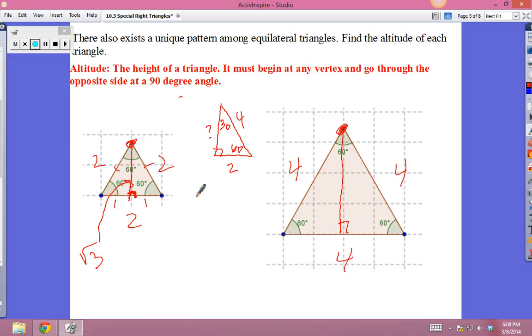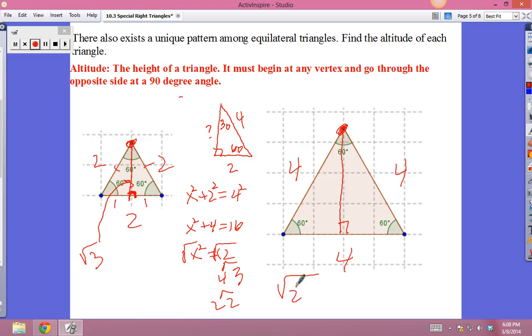So again, it's going to be x squared plus 2 squared equals 4 squared. So x squared plus 4 equals 16. X squared equals, if I minus 4, x squared is going to be 12. And then undo the square root. And 12 has a 4 and a 3, 2 and a 2.